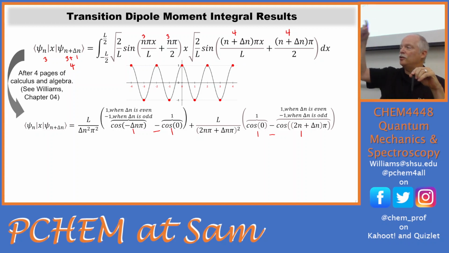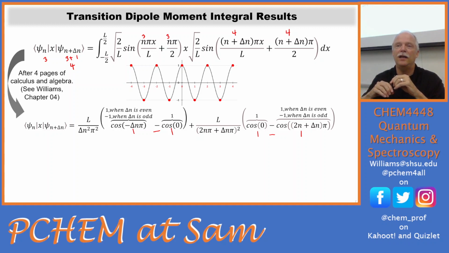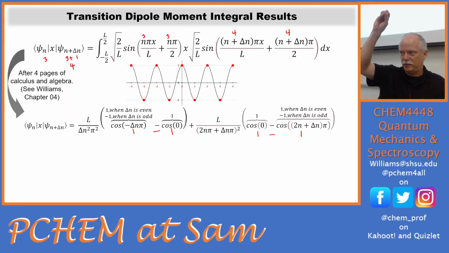So it's jumping 2 quantum states. And the probability of that transition is 0. So it can't do that. A particle in a box can't do that. Now, there may be other spectroscopic systems, electronic transitions, and so on, but for our particular system, the one-dimensional particle in a box, the light cannot cause a particle in a box to jump 2 states. It can jump 1, or it can jump 3, or 5, or so on.